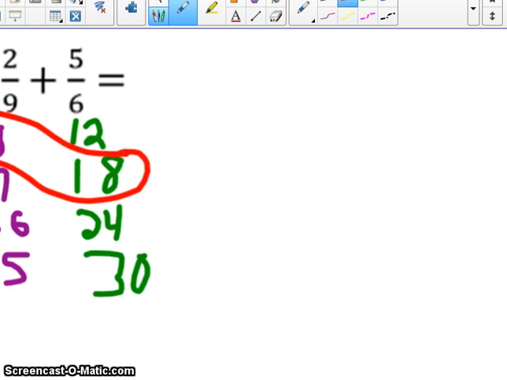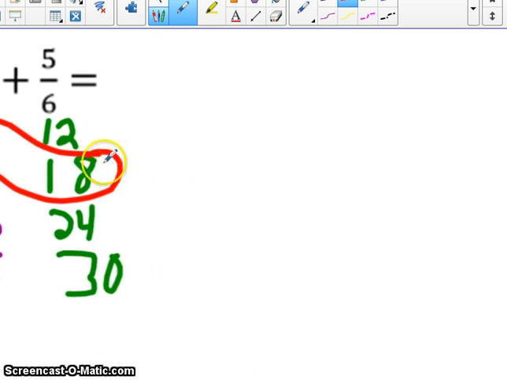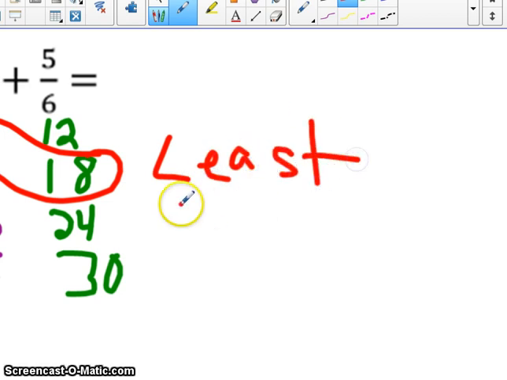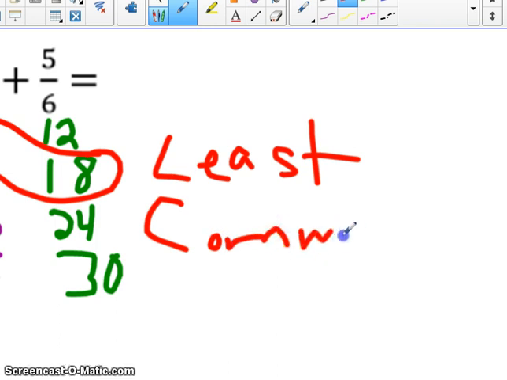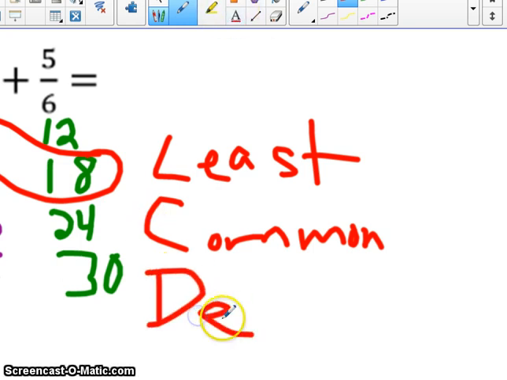All right, once we have our number, this is called the least common denominator. Sorry, it's hard to write with the smartboard. Oh, I should have just done the text. Of course. Well, too late now.